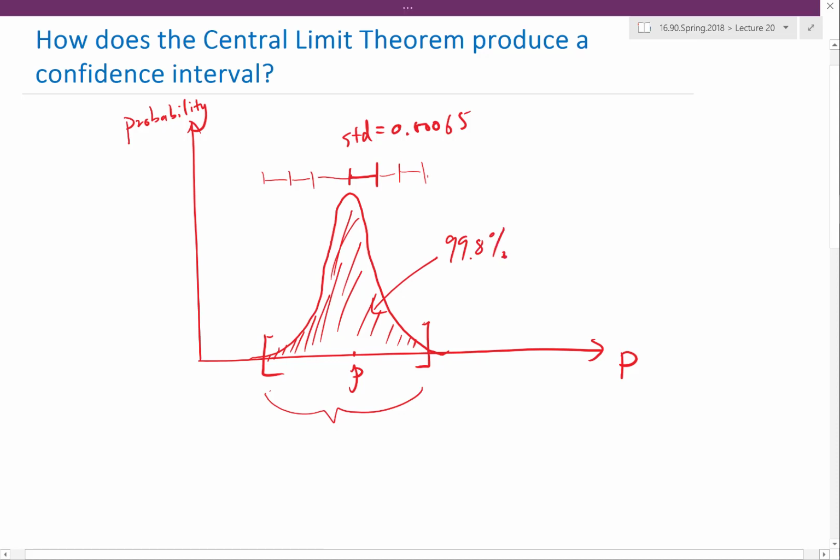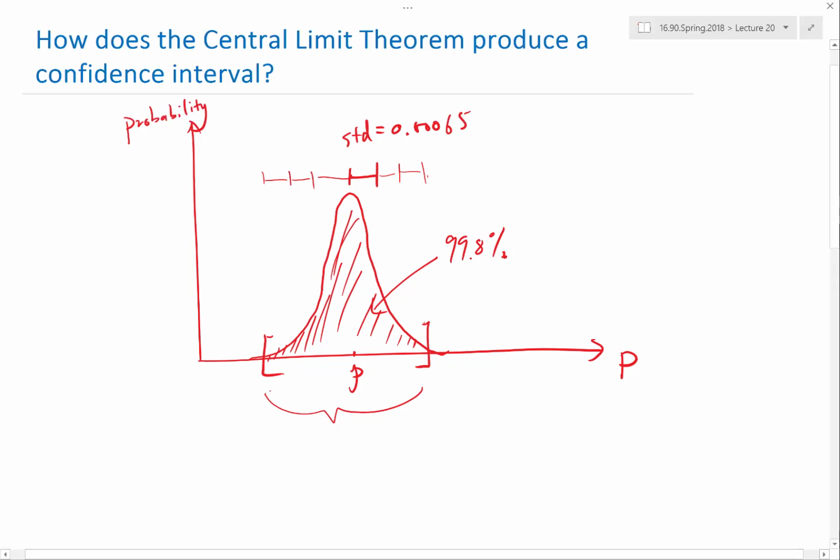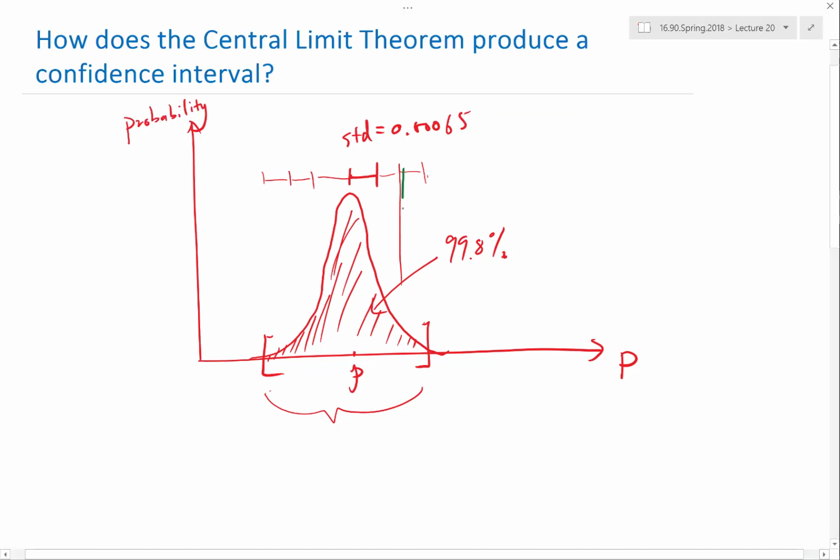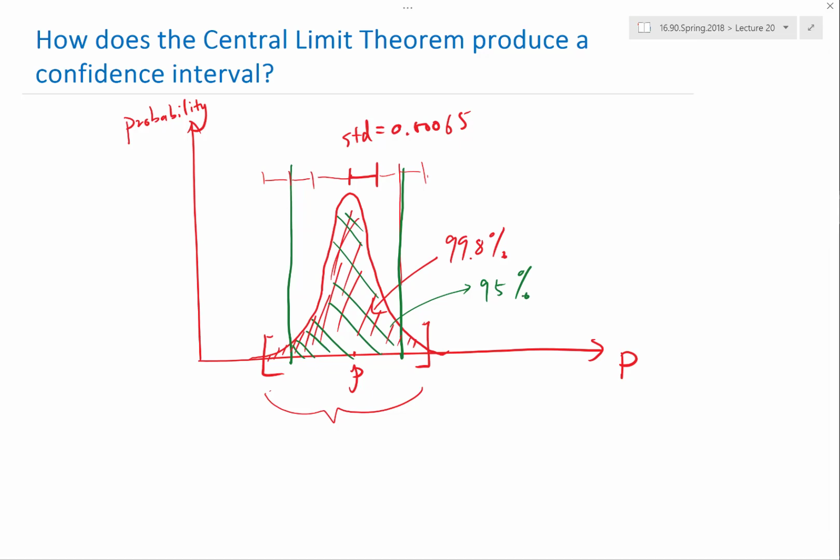If you only look at 2 standard deviations, you are cutting a significant amount of mass outside. Within the green circle, you get 95% of the mass. So depending on how confident you want your result to be, you choose either 2 standard deviations or 3 standard deviations. That's really the confidence interval.